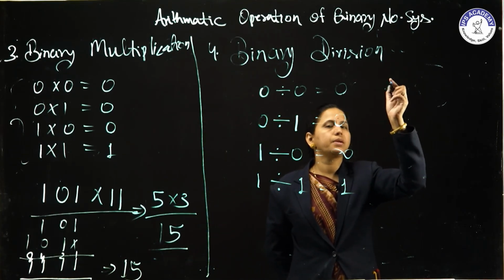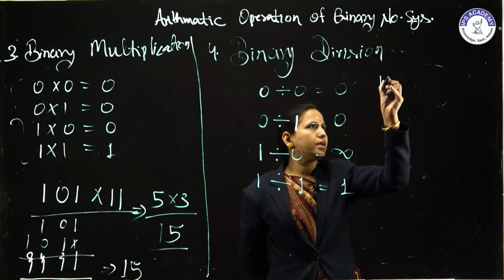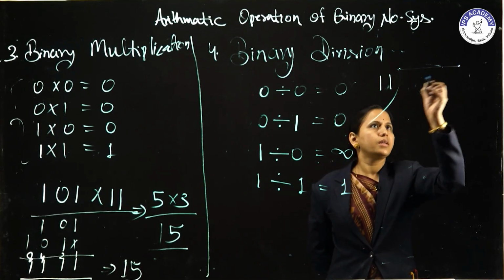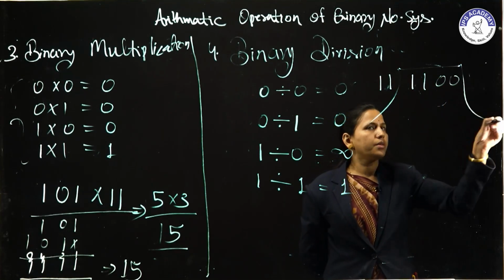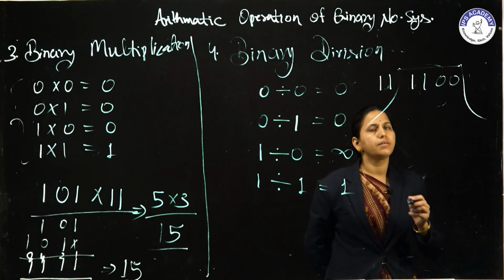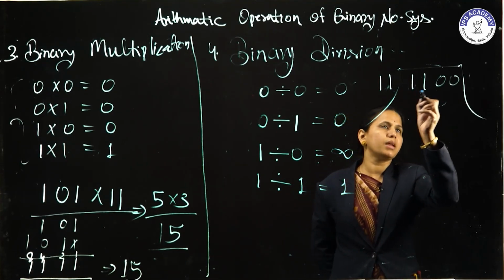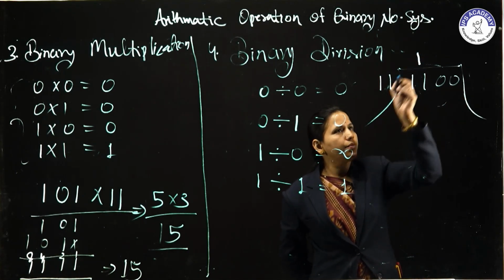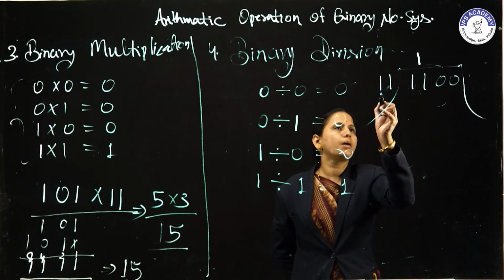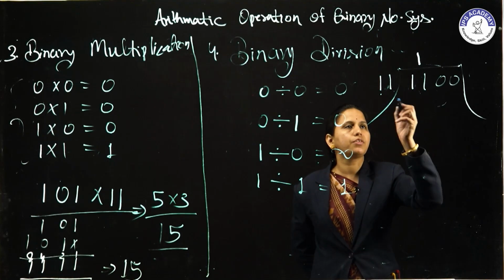So take one example for this concept also. 1100 divided by 11. 11 means 3, and 1100 means 12 in decimal. If we have only 2 bits here, we need to use a group of 2 bits for the same purpose.